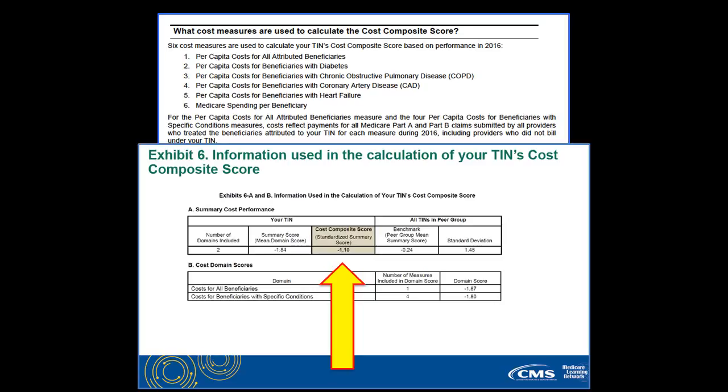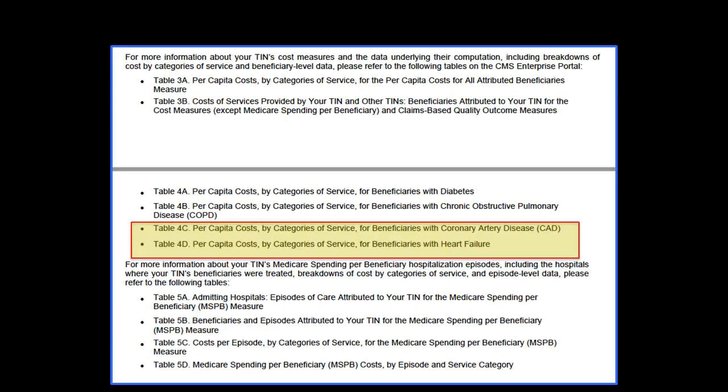At the lower part of the slide, you can see that as these values are calculated by CMS, they ultimately come together to form a composite score. And in this particular example, the composite score was greater than 1 standard deviation less than the national mean, which resulted in the bonus that we saw previously.